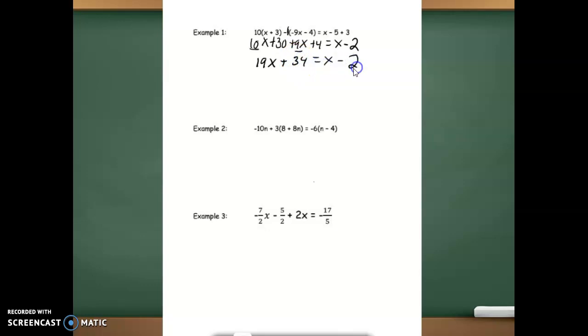Now this problem should be fairly simple from here. We're going to remove the lower variable of the 2, move it over to the other side. Two-step equation.